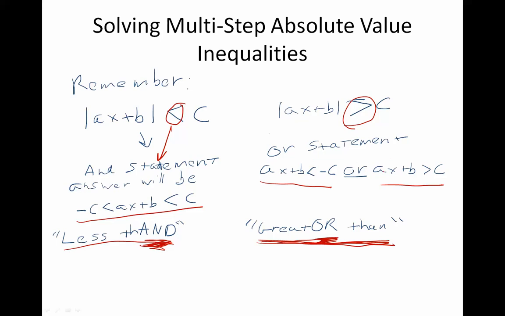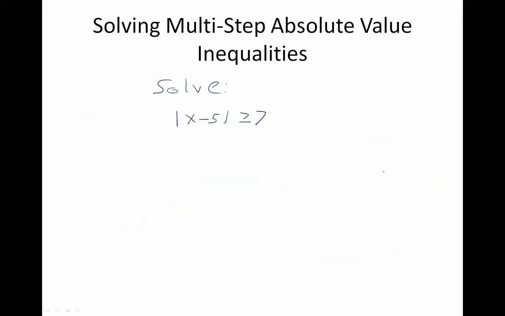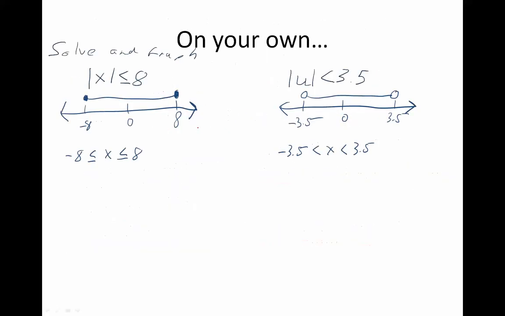Let's do some practice. We're just going to keep doing this in red here. So this is a greater than sign, great-or than, which means that I'm going to create two inequalities. Now, I want to go back and just show you one quick thing.